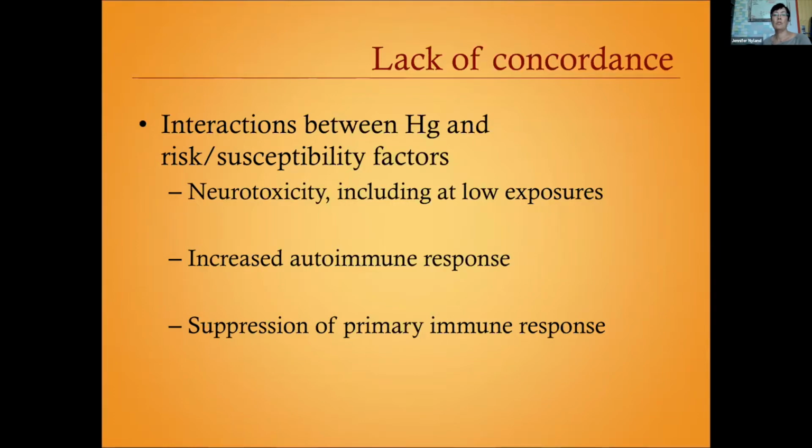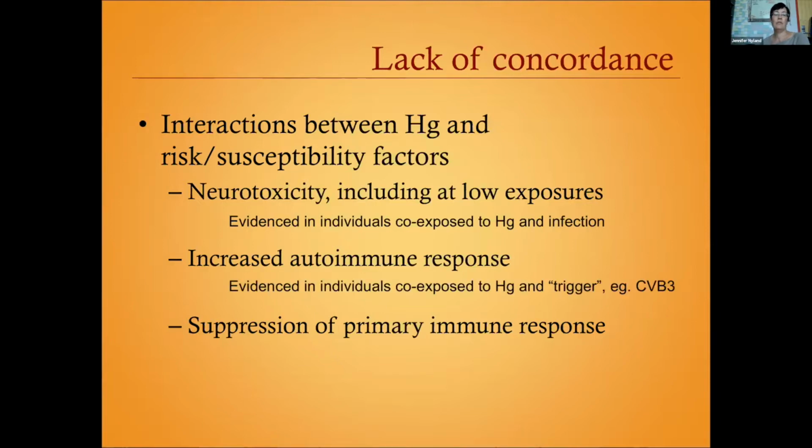So in this slide, I'm just showing that we have evidence in the literature to say that mercury is neurotoxic at high doses, but also at low exposures. And that's evidenced in individuals who are co-exposed to mercury in some infection. We also have evidence to demonstrate that there's an increased autoimmune response, evidenced in individuals who are co-exposed to mercury and some trigger.